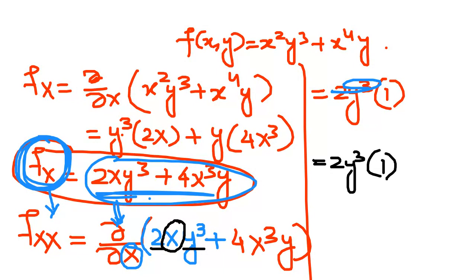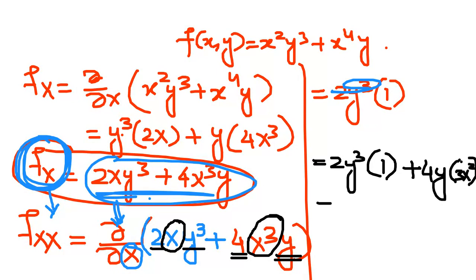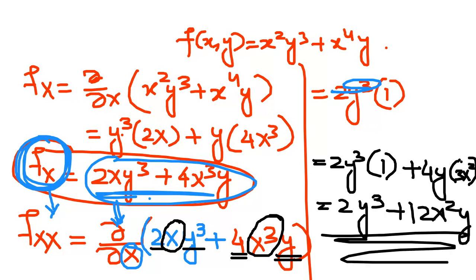So 1 plus 4 and y constant. Right here 4 and y constant. What is the derivative of x power 3? 3x square. So this is 2y power 3 plus 12x square y. So this is the answer. Okay, this is how you calculate the partial derivatives.